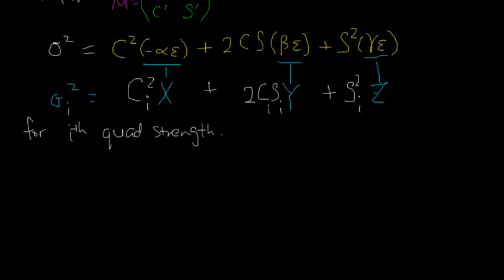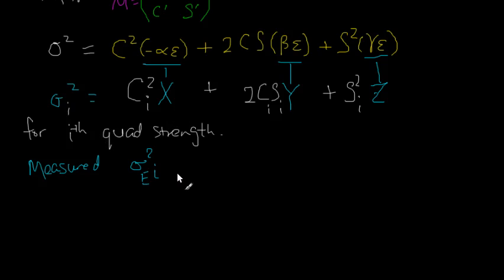So the actual measured sigma squared, I'll call it sigma Ei squared, with the subscript i for the corresponding quadrupole strength number i.